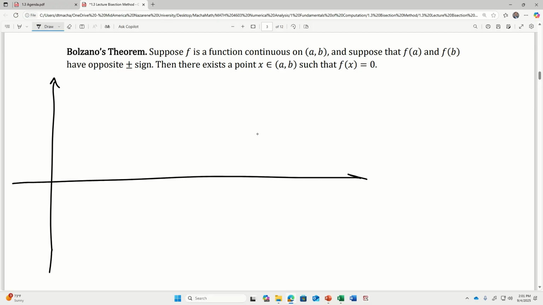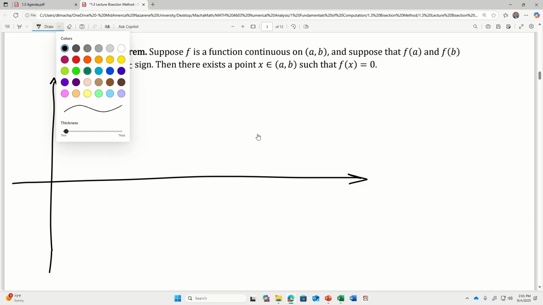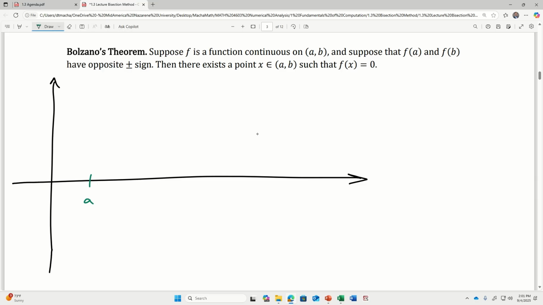So now, here is a, and here is b, and let's say this is f of b, and this is f of a. So that f of a and f of b have opposite plus or minus signs. f of b is negative here. Then Bolzano's theorem is saying the same thing as the intermediate value theorem.